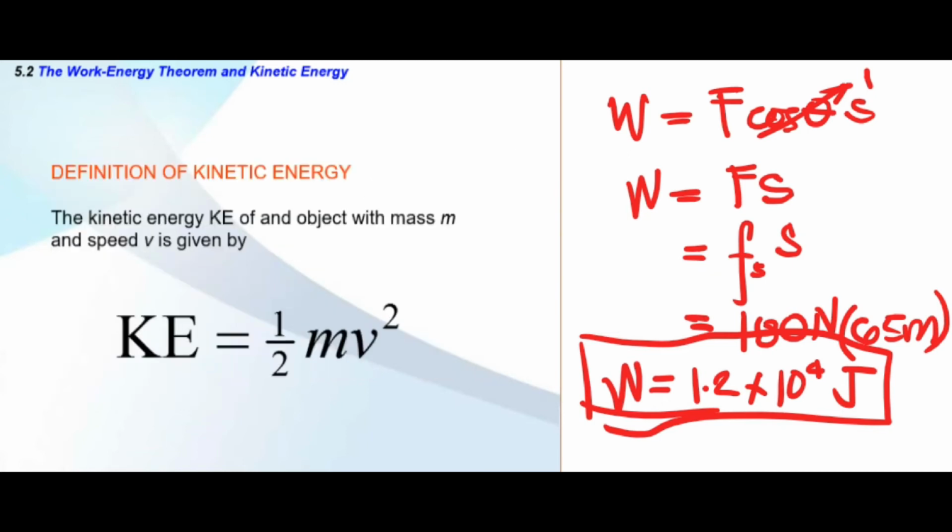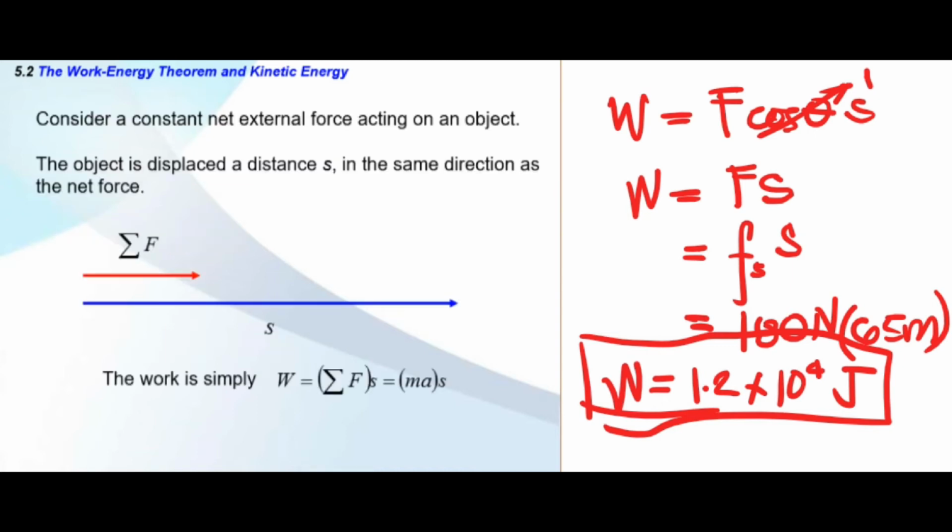Now, the kinetic energy or KE of an object with mass m and speed v is given by this equation: kinetic energy is 1/2 mv squared. Now, consider a constant net external force acting on an object. The object is displaced at a distance s, so there is a change in position in the same direction as the net force.